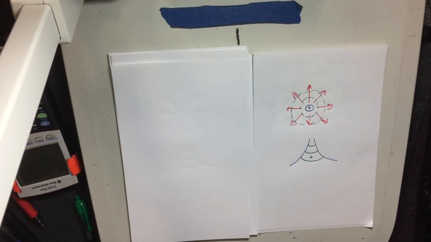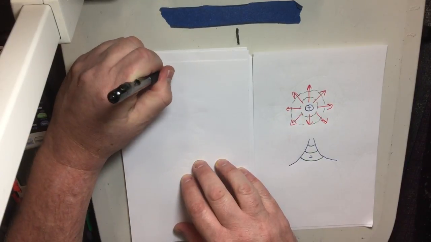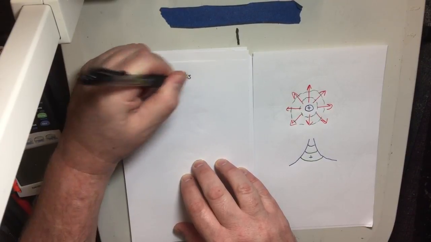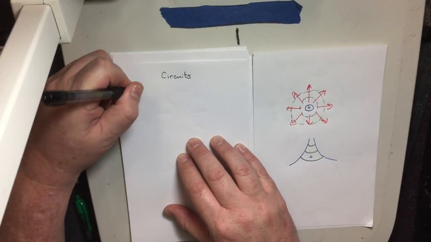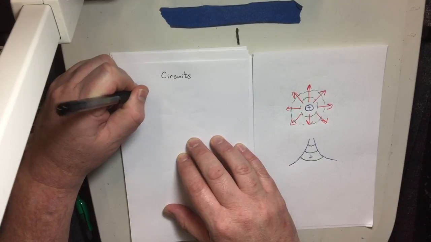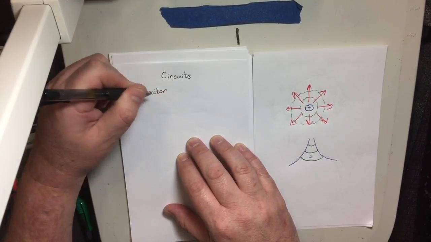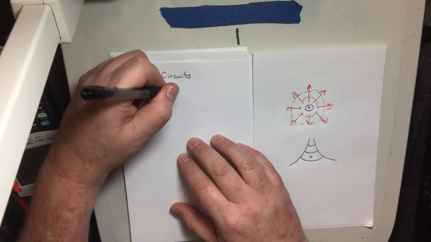Now what we're going to do is talk about circuits. And the first thing that we need to talk about are the symbols. We've kind of talked about capacitors. We'll go into more detail in another couple of weeks.